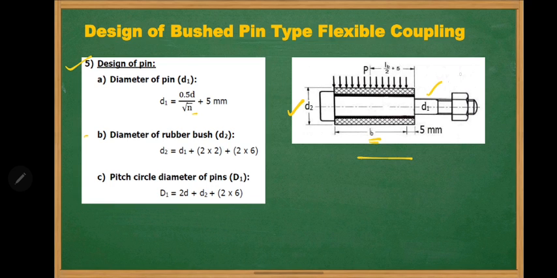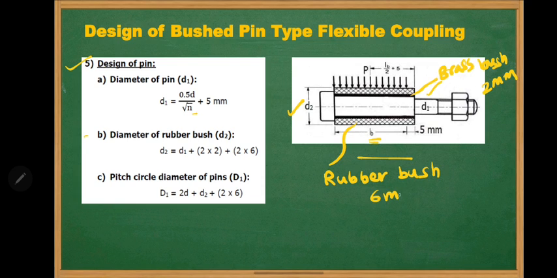So for this pin, this black portion is nothing but the brass bush, which is of 2 mm thickness, and this outer portion is nothing but the rubber bush, which is of 6 mm thickness.